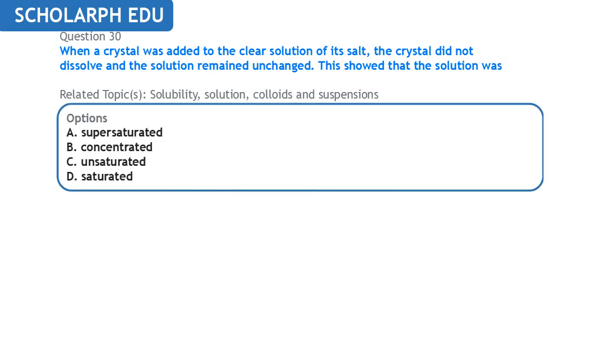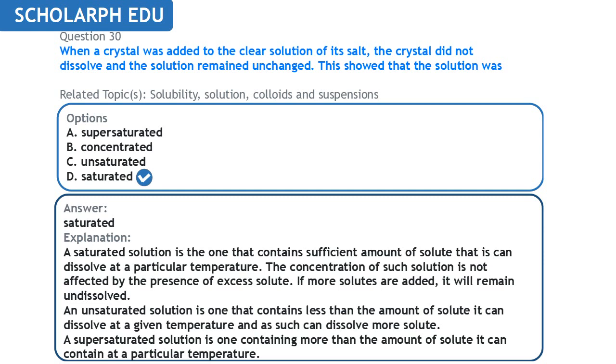When a crystal was added to a clear solution of its salt, the crystal did not dissolve and the solution remained unchanged. This shows that the solution was saturated. That was why the new crystals added to a solution of its salt did not dissolve, because that solution already has enough solute that it can dissolve at that temperature.